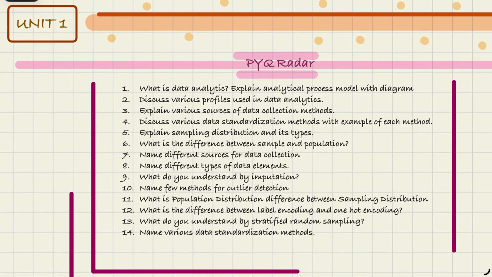Let's begin with discussing what the PYQ radar says. There are top 14 questions which were continuously asked in our last two PYQs. So we'll be discussing what data analytics is, what is the analytical process model that we follow in the process, what are the various profiles that are used in data analytics, how we collect the data, various sources of data collection, and we'll also discuss data standardization, sampling, distribution, different types, what is the difference between sample and population, right?